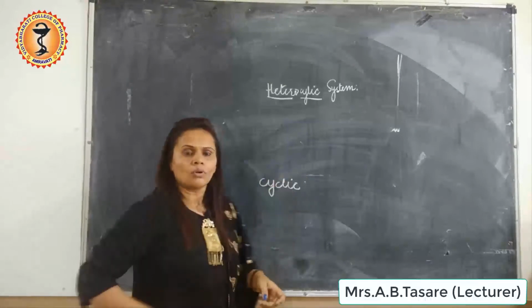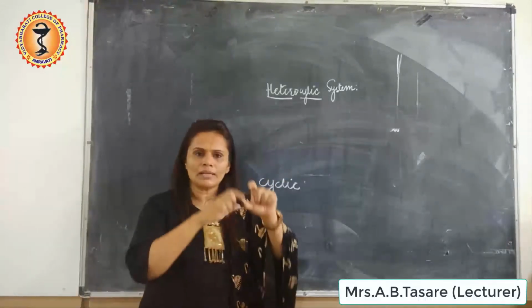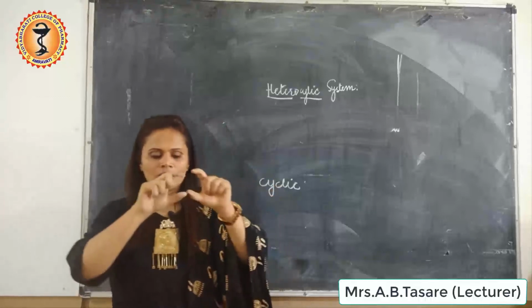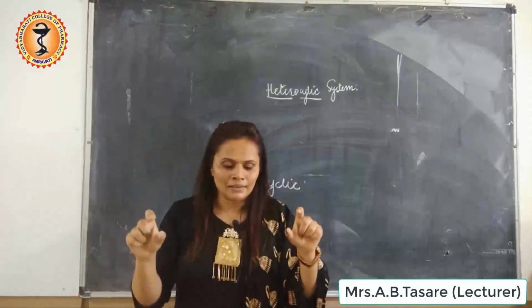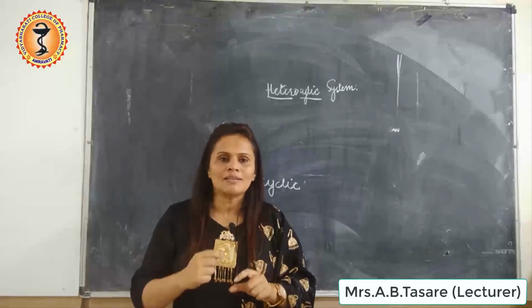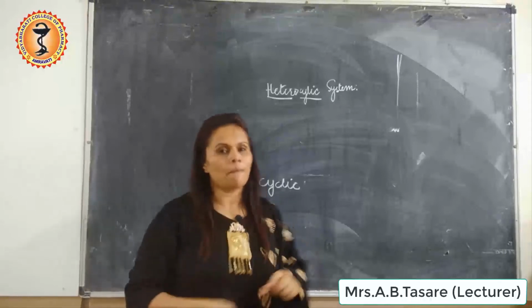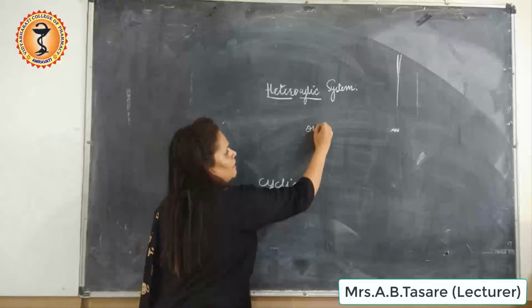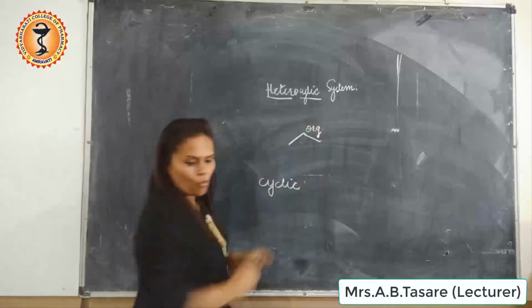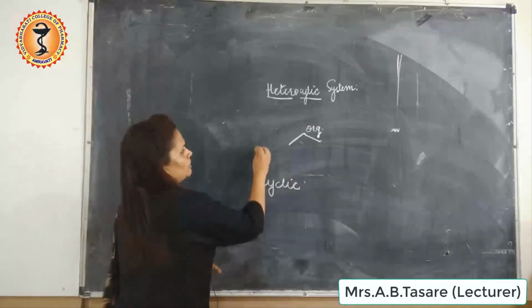So one should understand what your carbon skeleton is, and based upon that, organic compounds are classified as open chain and closed chain.